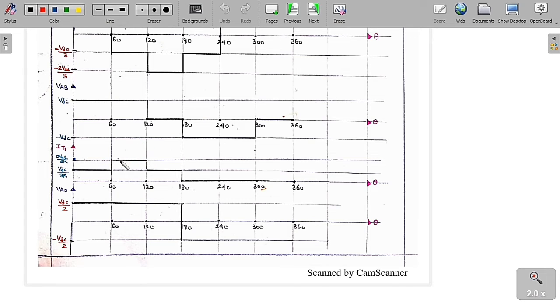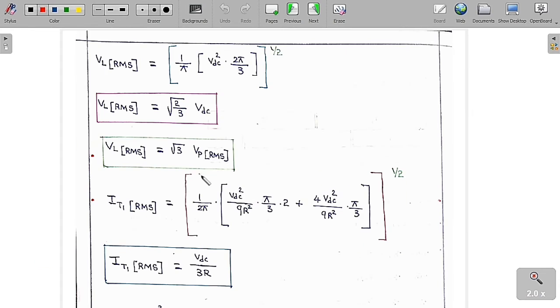Now we are going to find the RMS value of this thyristor current. IT1 RMS is root of 1 by 2 pi into VDC by 3R whole square into 60 degree, plus 2 VDC by 3R whole square into 60 degree, plus VDC by 3R whole square into 60 degree.